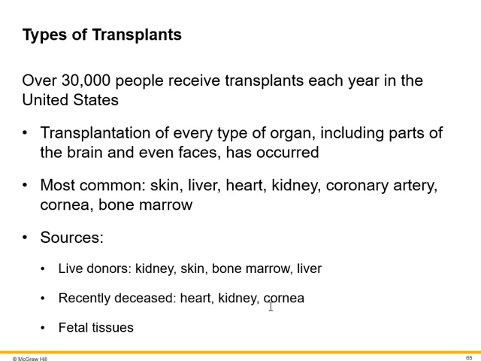With the live donors, you can get rid of one of your kidneys and your other kidney will take up the slack, and you'll be able to filter your blood just fine. Skin donors, that's not usually an issue because your skin will grow back. Liver, same thing. If you take a section of the liver, it will grow back. Bone marrow, it'll grow back. So you can get those from live donors.